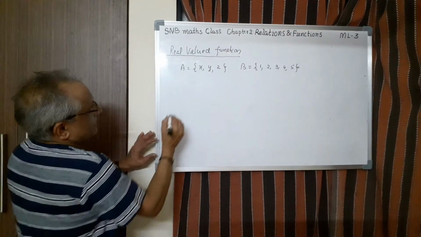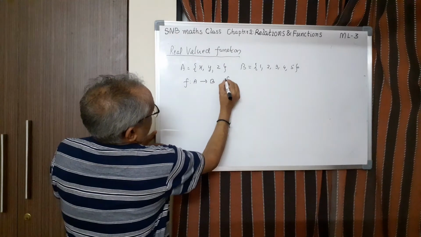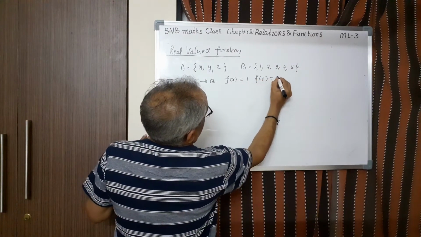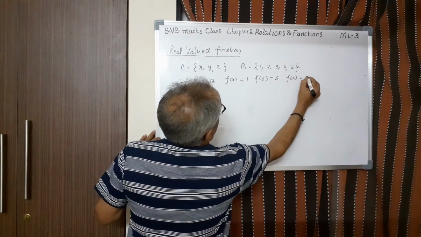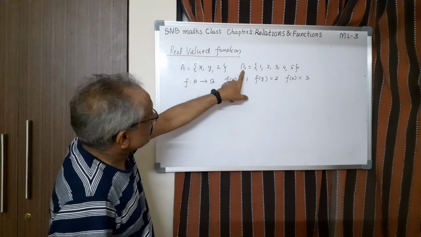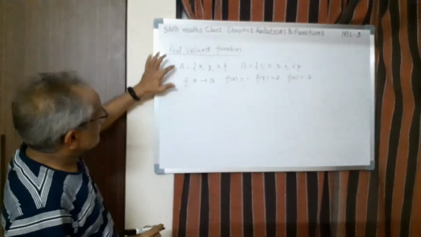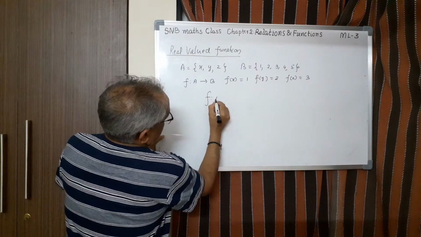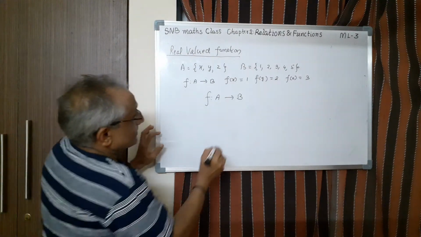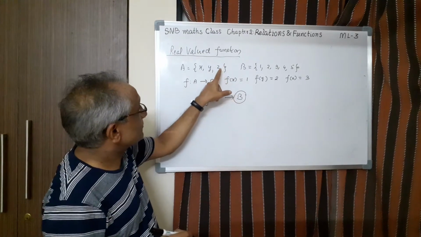Now suppose I define the function like this. f is a function from A to B defined by f of x is going to 1 and f of y is going to 2, f of z is going to 3. This is called real valued function because B is a subset of real numbers. Therefore, a real valued function means actually any function f from A to B is called real valued function if the codomain is either the set of reals or a subset of reals. That is the meaning of real valued function.